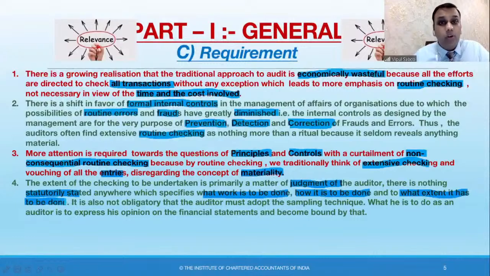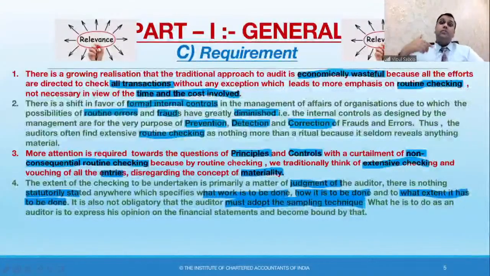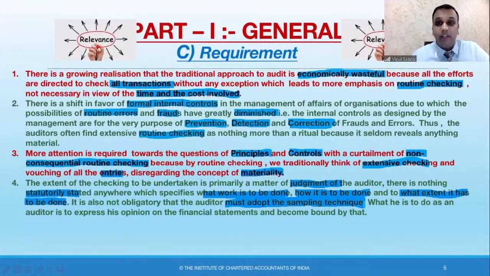It is also not obligatory or mandatory on the part of the auditor that he must definitely adopt the sampling technique. So this technique is just an aid for the auditor. It is voluntary on the auditor's part.